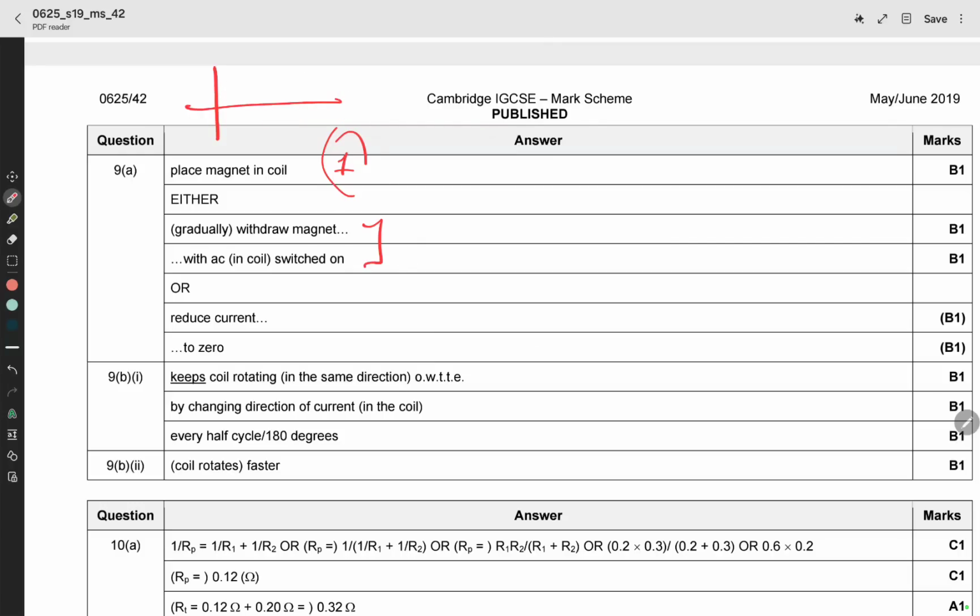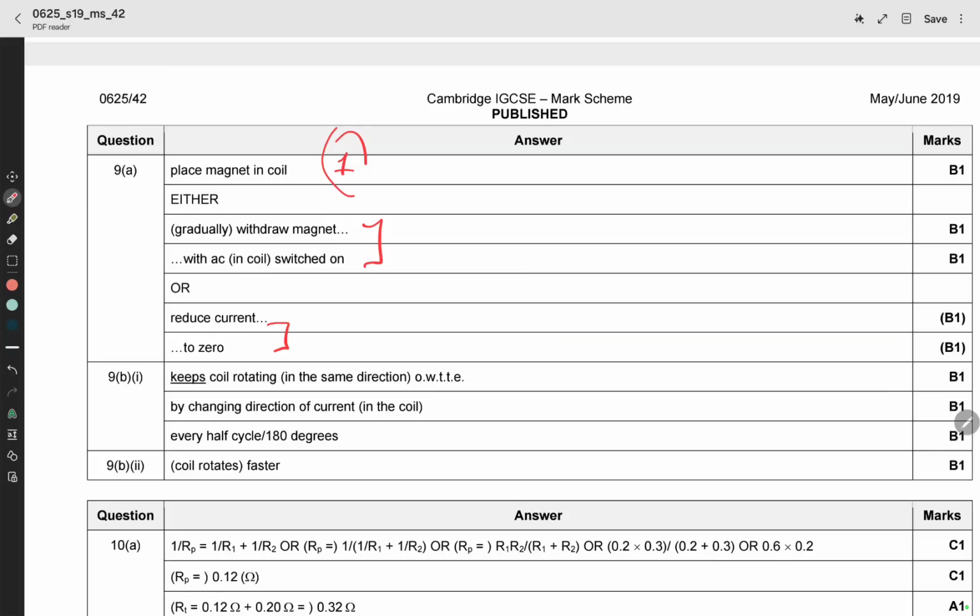The second one is just reduce the current to 0. So we plug it in, then take the alternating coil and bring the current down to 0. This way, you're forcing the magnet to have 0 current inside of it. Honestly, they both make sense.